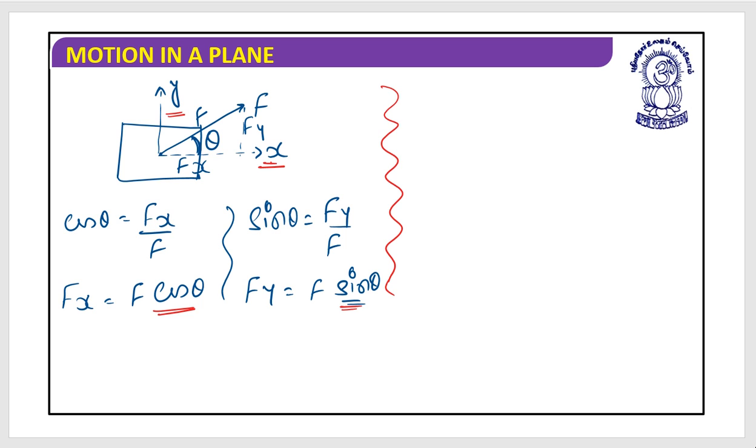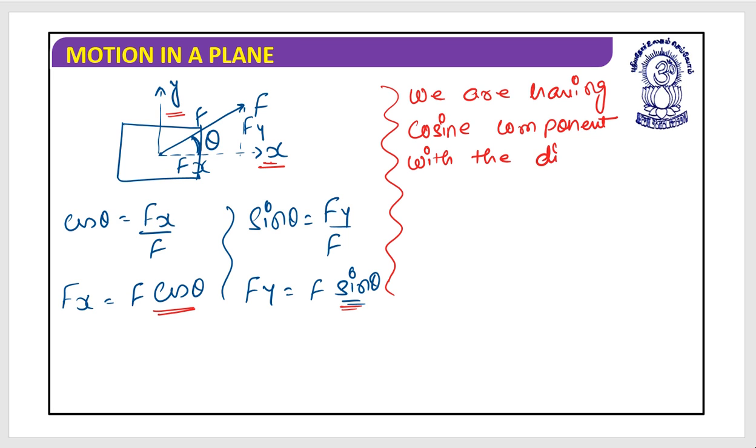So what I can conclude is that we have a cosine component with the direction with which we are making an angle.